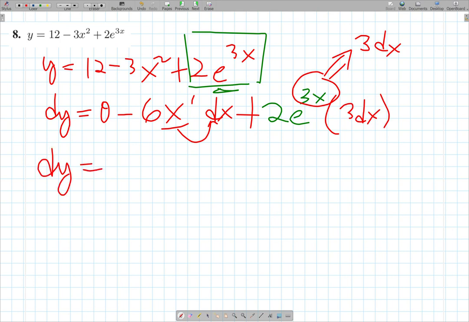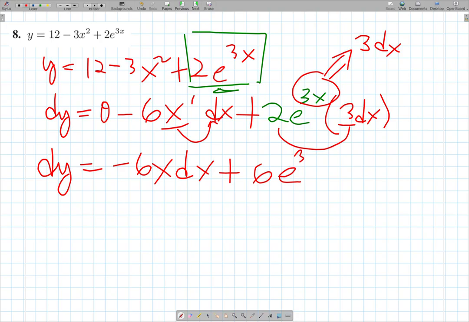So dy is equal to 0 minus 1, wala nang 0, so 6x to the power of 1 is 6x dx, plus. You can multiply 3 and 2, that is 6, and copy e, so 6e^(3x) dx. Ano yung common dito, class? Because we are looking for dy over dx, we can factor out 6 and dx.